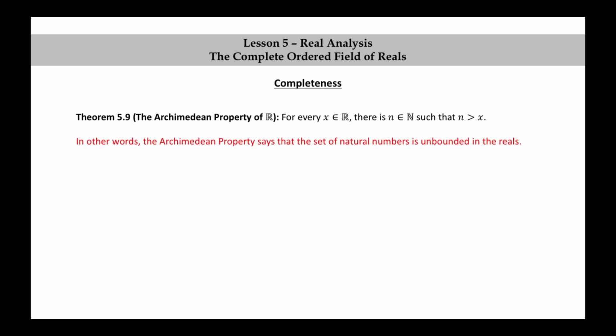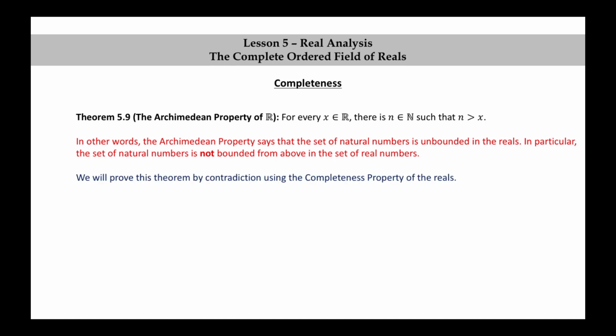In other words, the Archimedean property says that the set of natural numbers is unbounded in the reals. In particular, the set of natural numbers is not bounded from above in the set of real numbers. We will prove this theorem by contradiction using the completeness property of the reals.